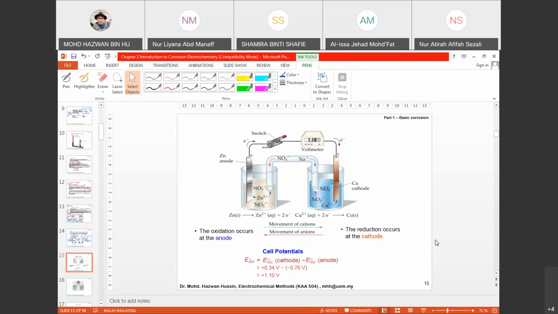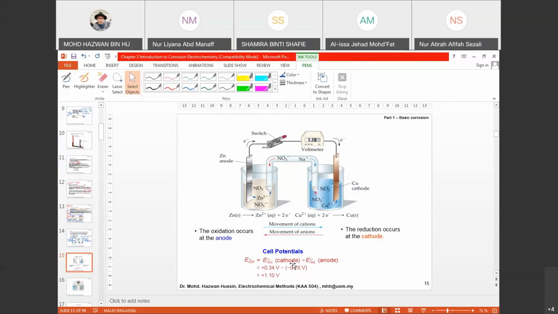Again, this one is just a recap of how you can calculate the overall cell potential. We have learned this in chapter 1. How we calculate the overall cell potential is basically by taking the reduction or cathode potential minus the anodic or oxidation potential.